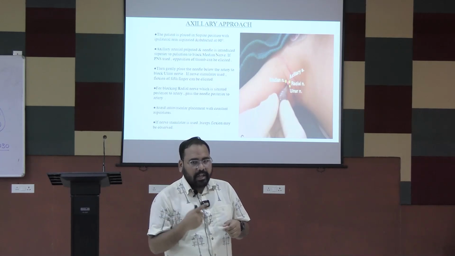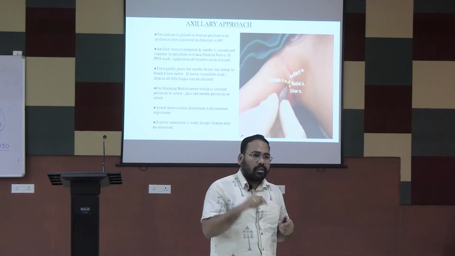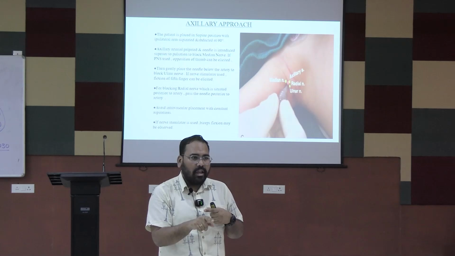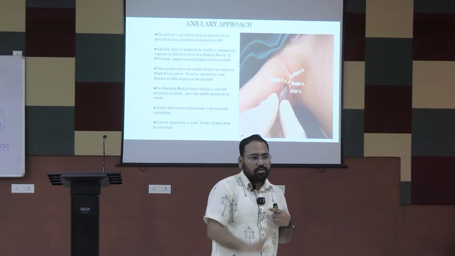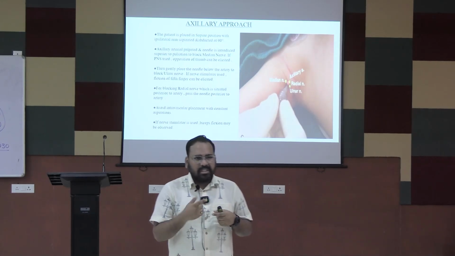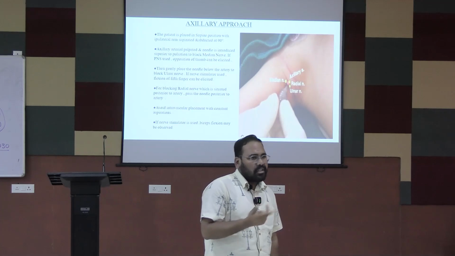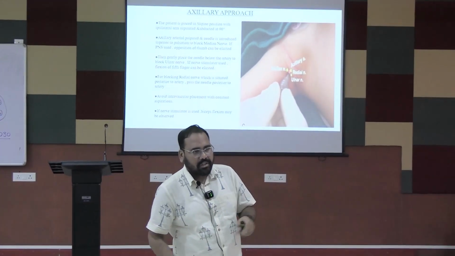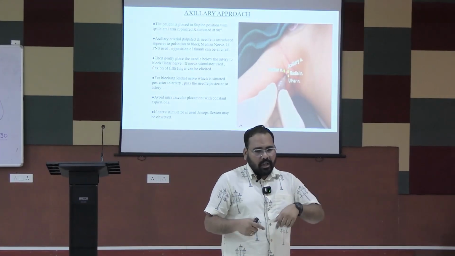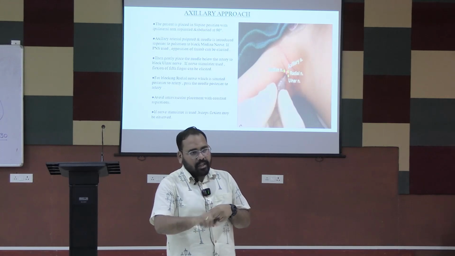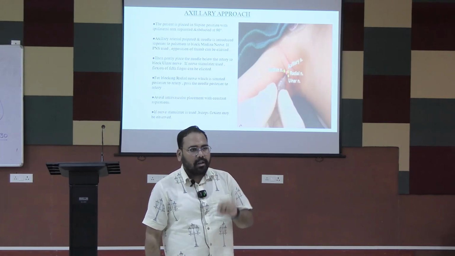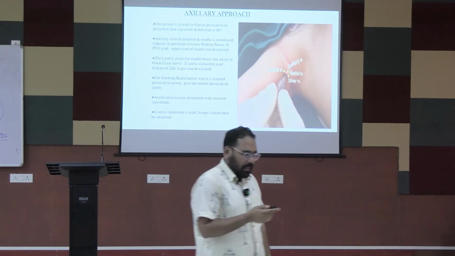There is a technique called the through and through technique: you go through the axillary artery and reach the radial nerve. But that is a somewhat risky technique because there is a chance of injecting into the artery, so we don't prefer to do that. What we do is go from below, push up, and block the radial nerve, that's it.